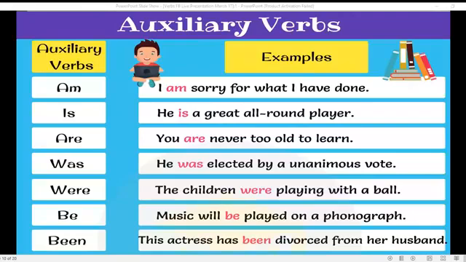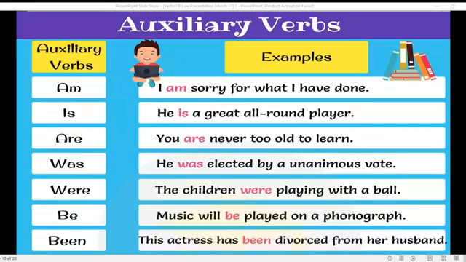Then we have were. The children were playing with the ball. So the children is the subject. Then we used play and were. They were playing with the ball. This one is an example of a past participle.